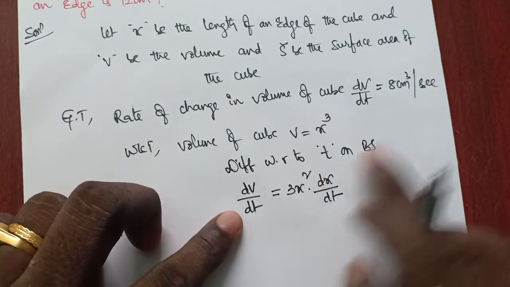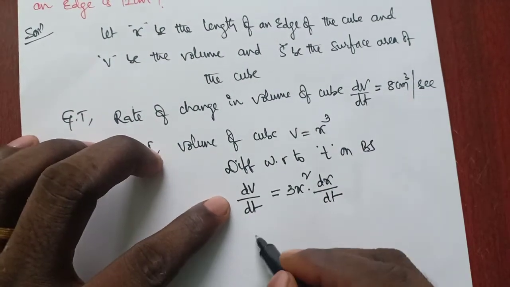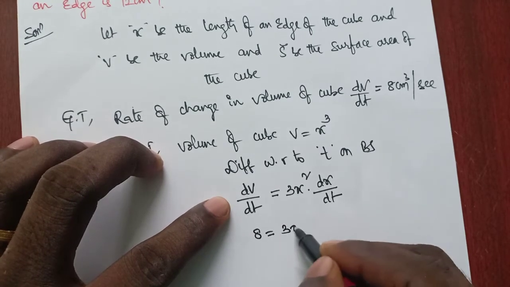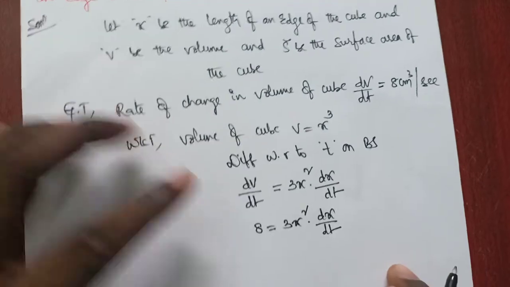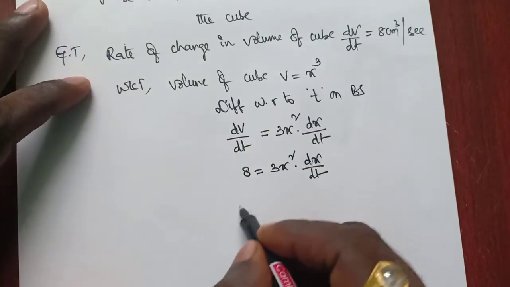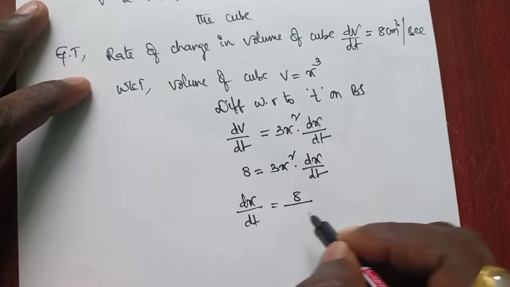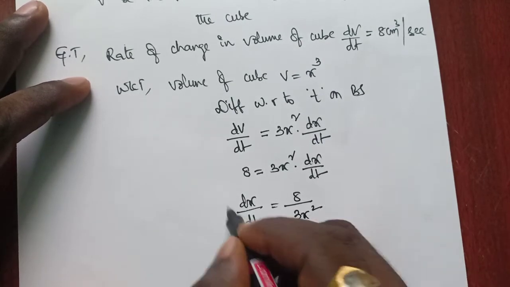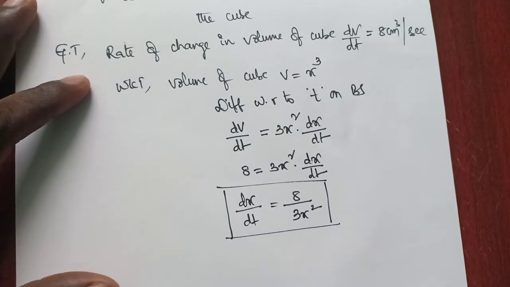Now dv by dt is given already, that is 8 cm³ per second, so 8 equals 3x square into dx by dt. Now dx by dt is clearly 8 by 3x square. So that is the first condition.